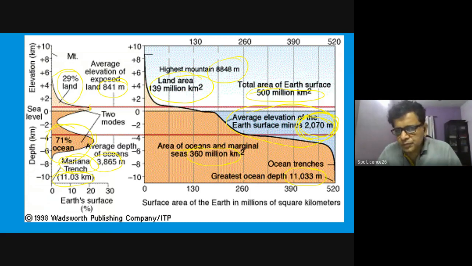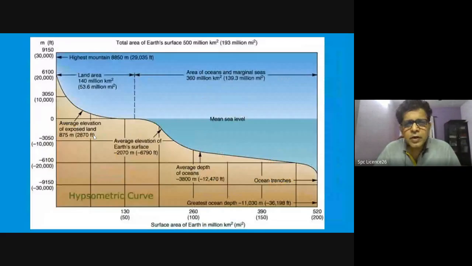Okay. So these are a few facts that we need to understand as far as the depth and the elevation making up the hypsometric curve on the surface of this planet as far as distribution of land and water is concerned. I probably have one more of these for us, a more simplified version of the hypsometric curve. It records the same information that we have seen in the earlier diagram.